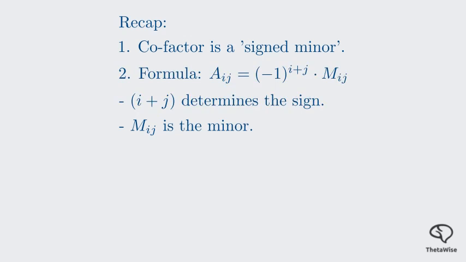And we practiced calculating cofactors for specific elements in a 3x3 matrix, breaking down each step to find the position, the sign, and the minor. You are now equipped to calculate cofactors. In our next tutorial, we will use this knowledge to tackle how to calculate the determinant of a 3x3 matrix.